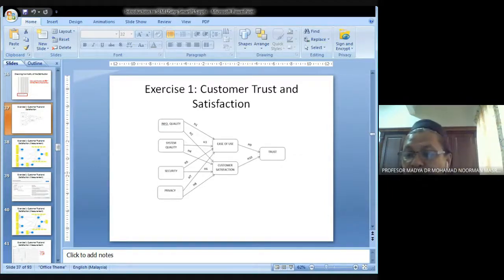How is the interrelationship between information quality, system quality, security, privacy, ease of use, satisfaction, and trust in a mobile banking context?